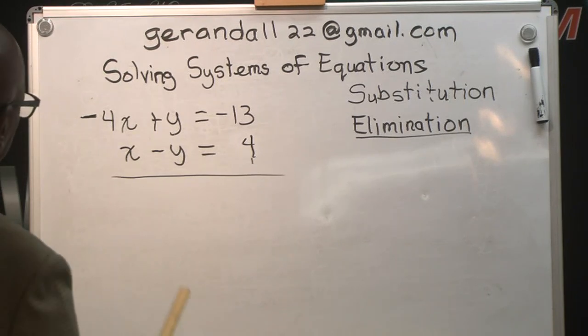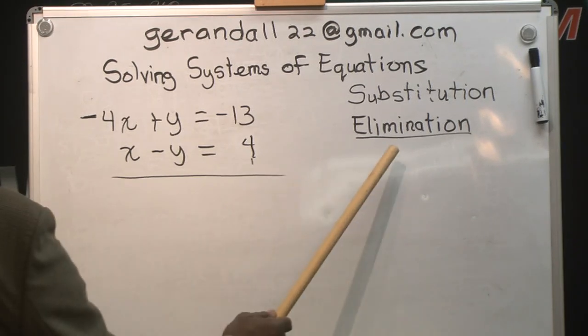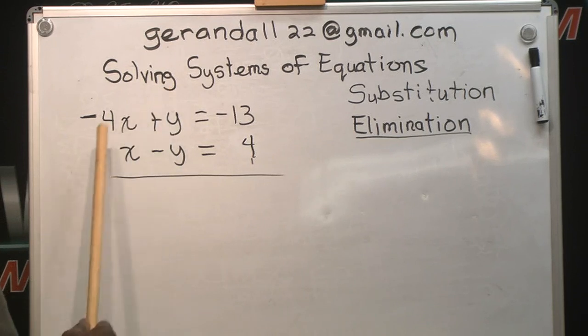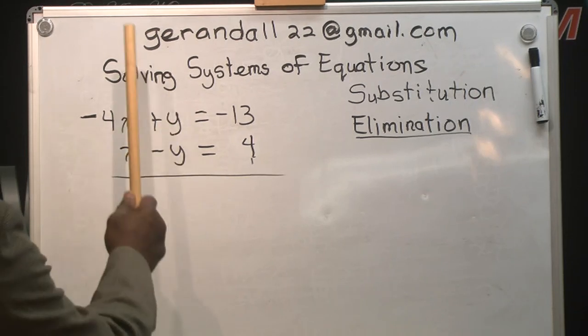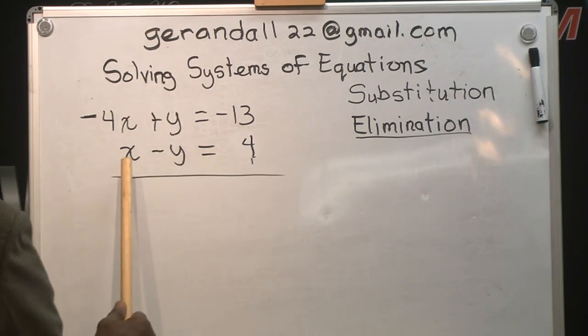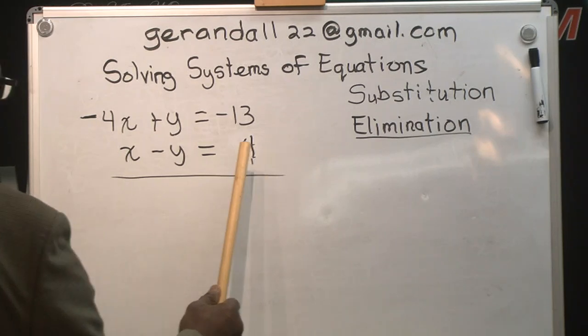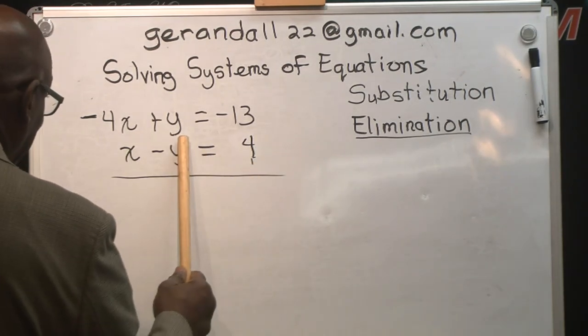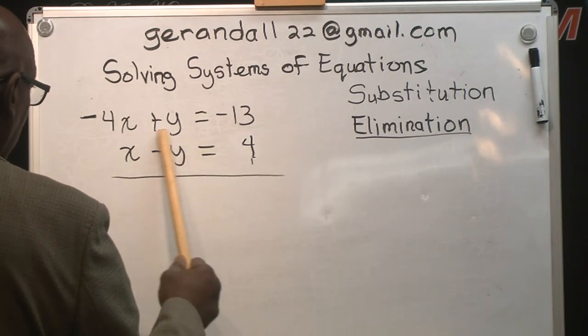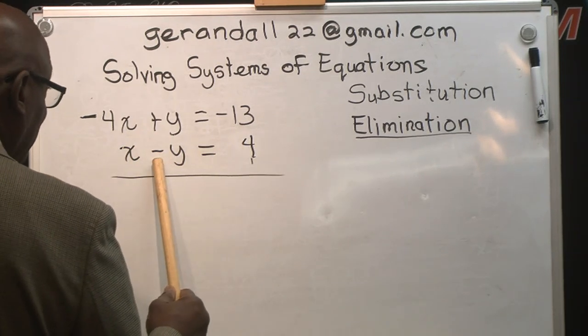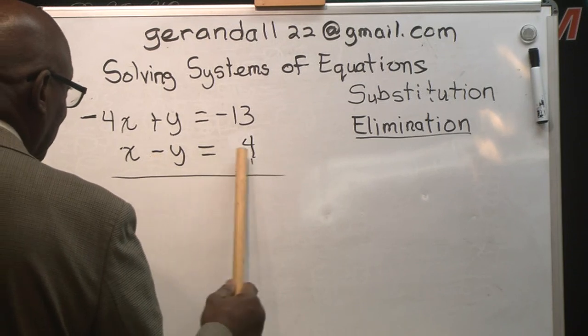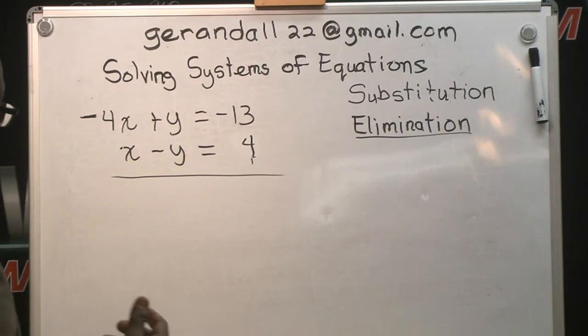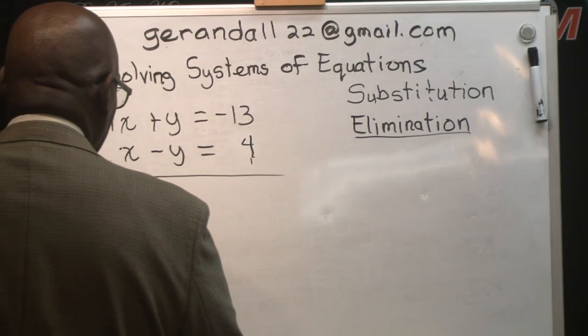When we say elimination, we could look at this and say, cancellation. What can we get rid of if we add down? This says that x minus y equals 4. So again, whatever we do to one side, even though it doesn't say 4, this does equal 4. Okay?